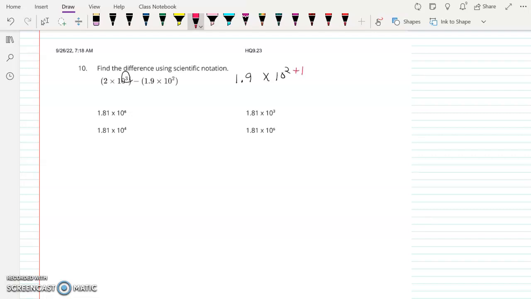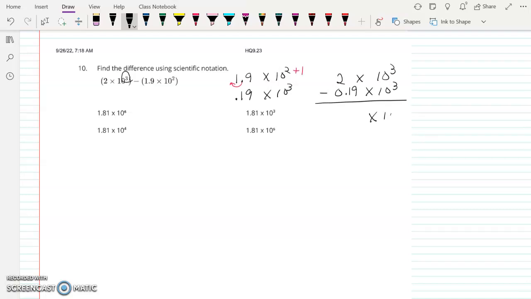So that means I'm going to move to the left 1. So now I've got 2 times 10 to the third minus 0.19 times 10 to the third.